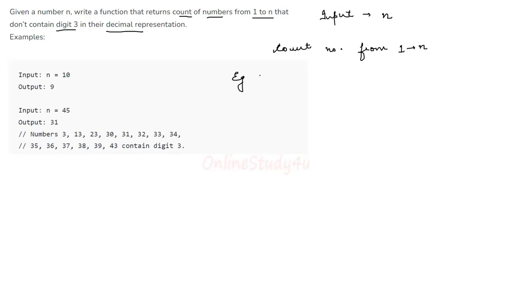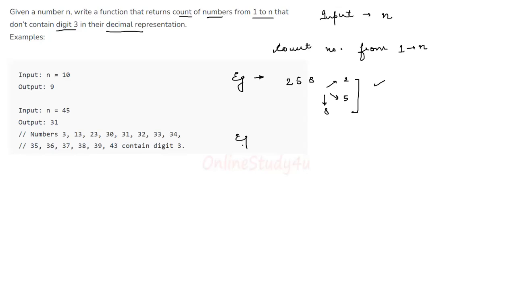Suppose you have an example 258. So 258, you have digits 2, 5 and 8. And in these 3, it doesn't contain any 3. So this can be a valid number that you can count.